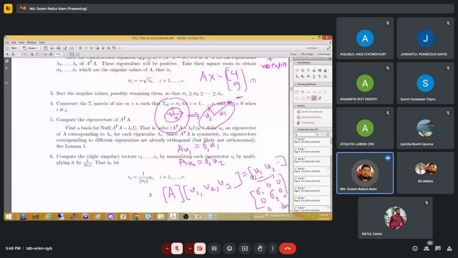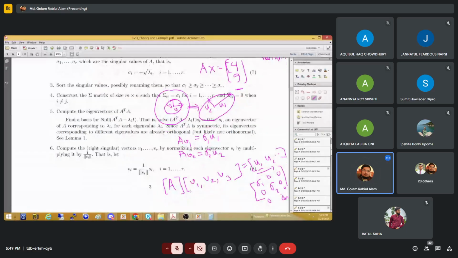So in this case, this is our A, and this is our V. Here is the V, then this is our U, and this sigma is our matrix sigma.